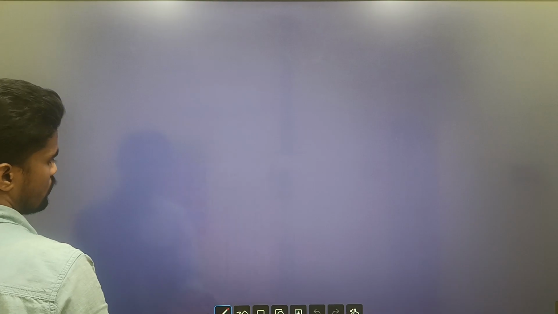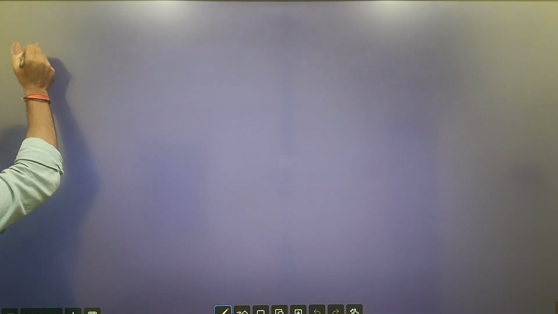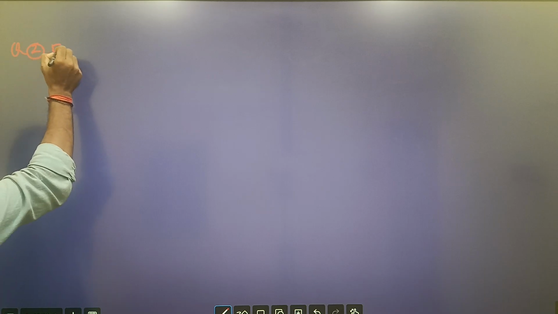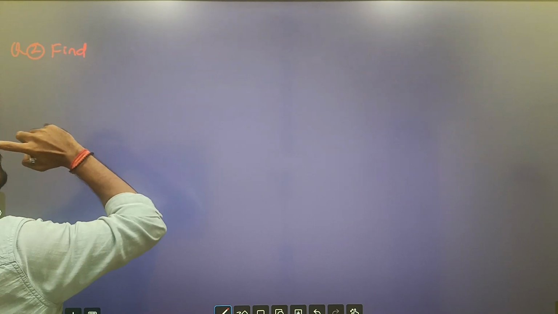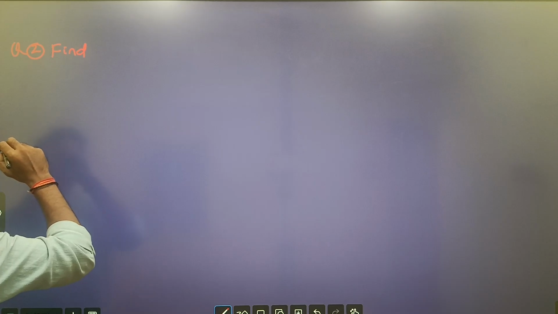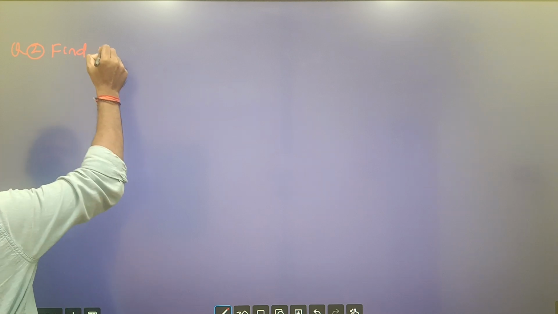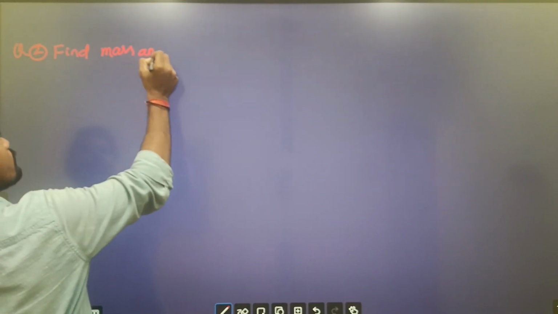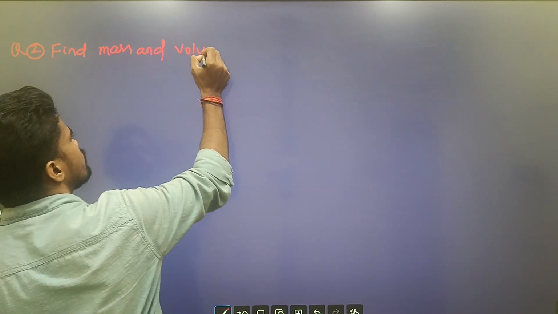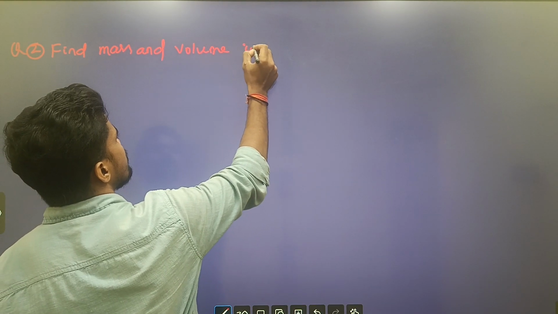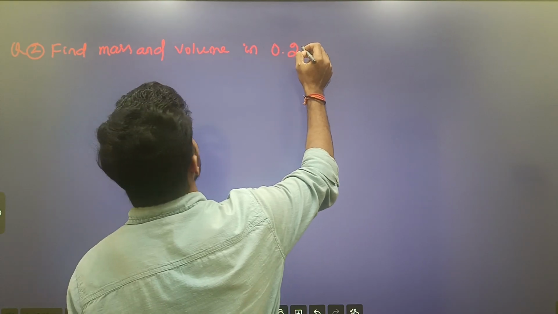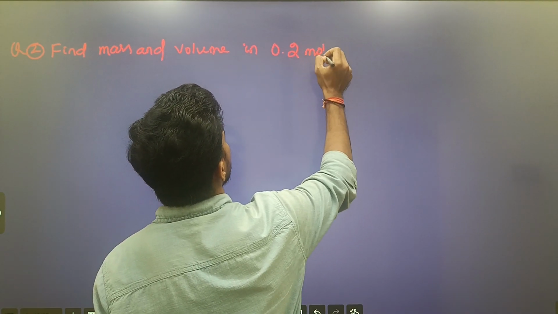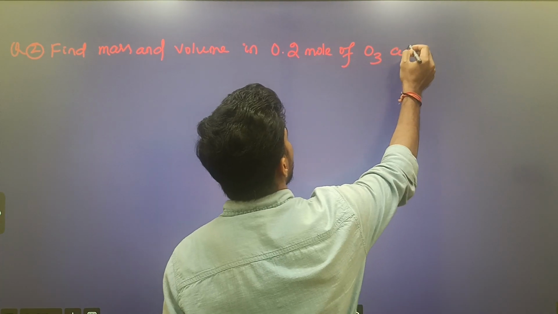Okay, so now do it yourself. Question number 2: find mass and volume in 0.2 mole of ozone at STP.